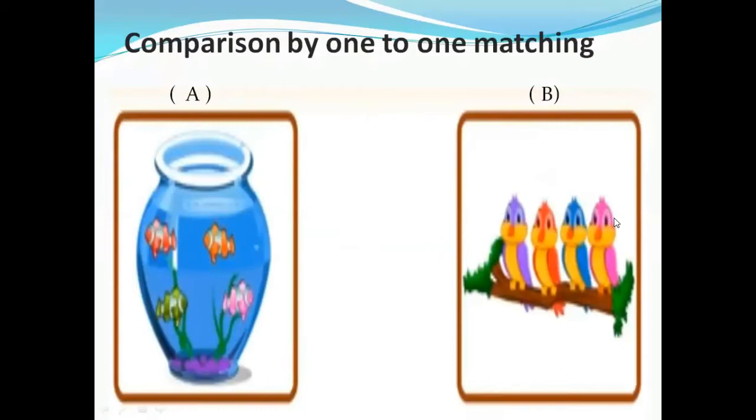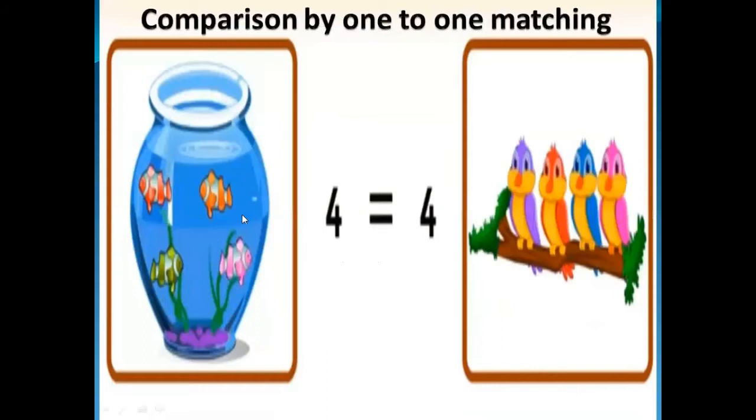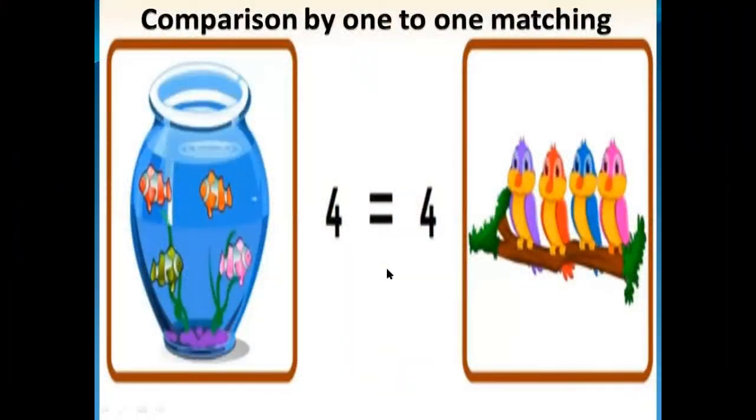After counting them, we find that the number of fishes is 4 and the number of birds is 4. So we write 4 equal to 4. This 4 represents the number of fishes and this 4 represents the number of birds.